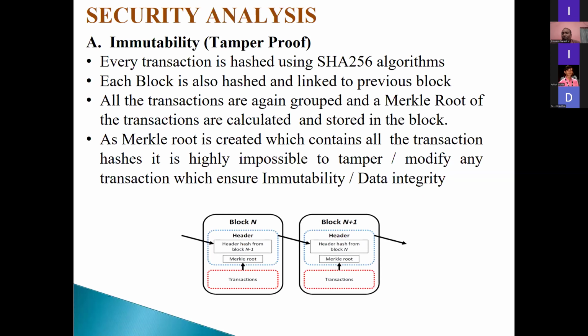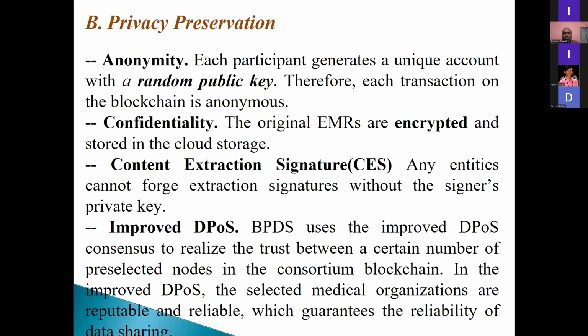We can identify it, because this hash value is 123, and if some change happens and you apply the hash on that, it will become 124. So 123 is not equal to 124, so there is some change on the nth block. So the trust is there in blockchain. We can identify if there is any change or modification done anywhere. We can trace that. So that is the advantage of blockchain.